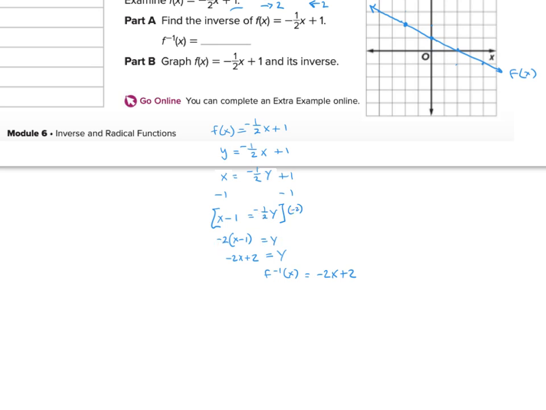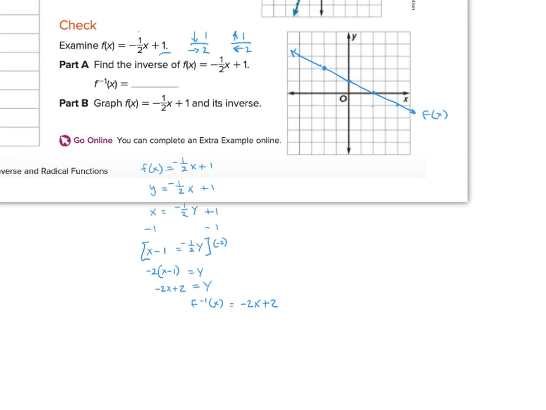And then negative 2 times x minus 1, with the distributive property, gives negative 2x plus 2. Last step, I replaced y with the inverse function, f inverse, so the inverse function is negative 2x plus 2.